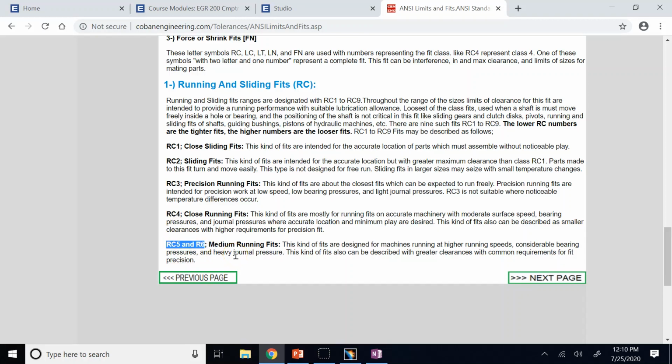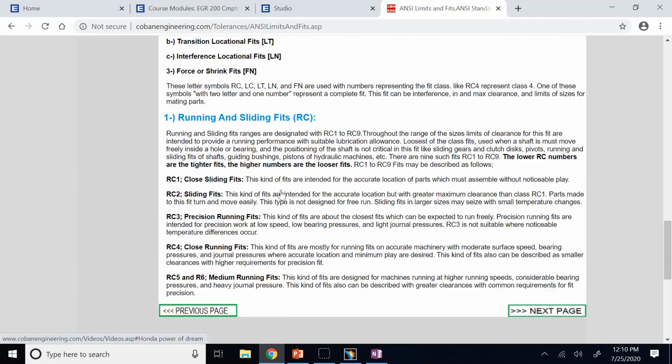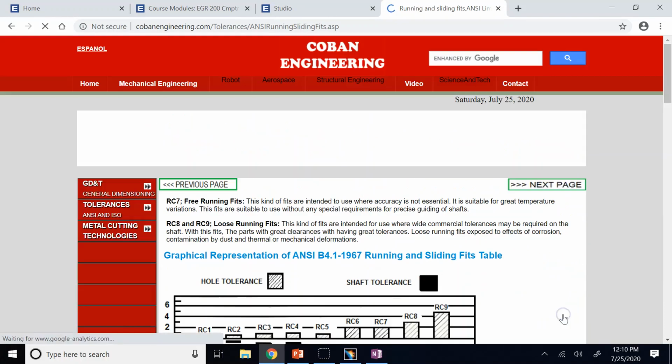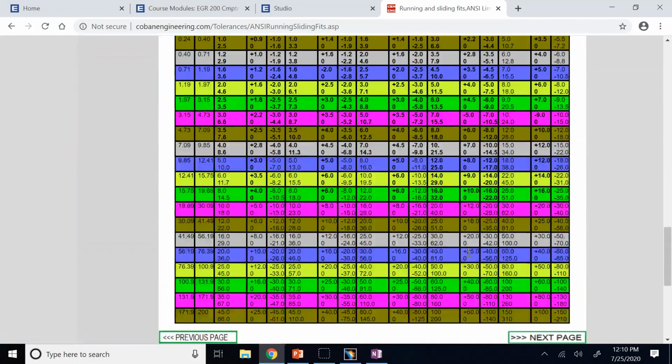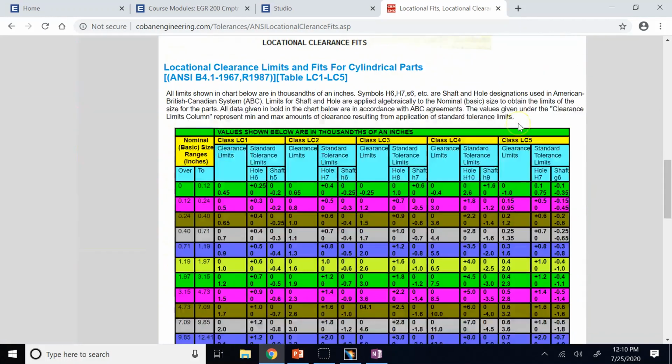They are really loose. And on the other hand, FN class, right, which is shrink fit, then FN goes starting from FN1, FN2, right? So you can see them. Let me see if I can go to the FN classes.